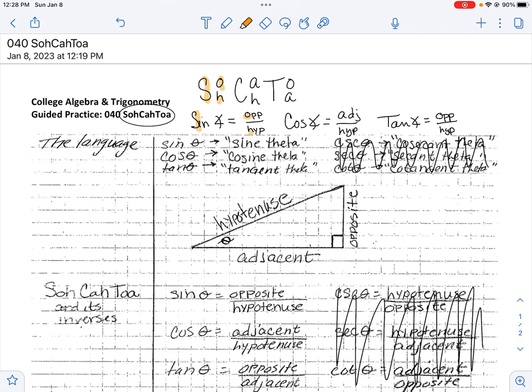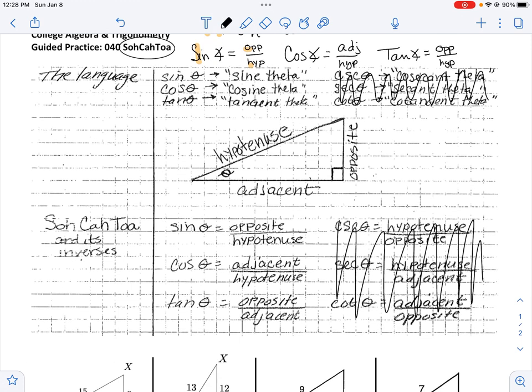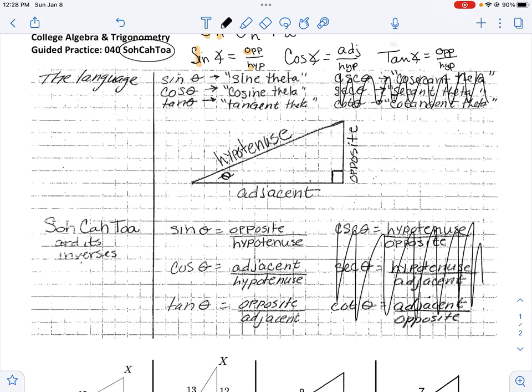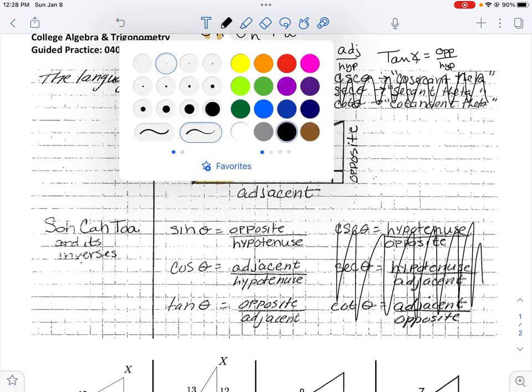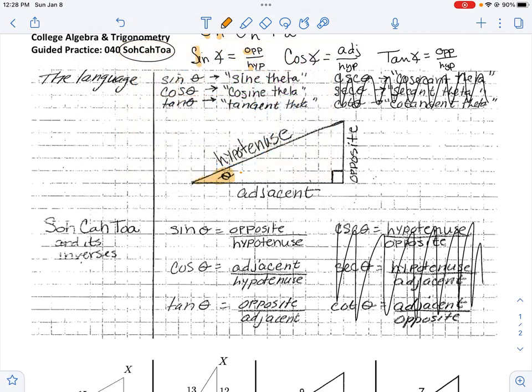Okay, then the other thing that we need to make sure everybody understands is, if we are worried about this angle theta, if this is our angle that we are worried about, then directly across from that angle is the opposite side.